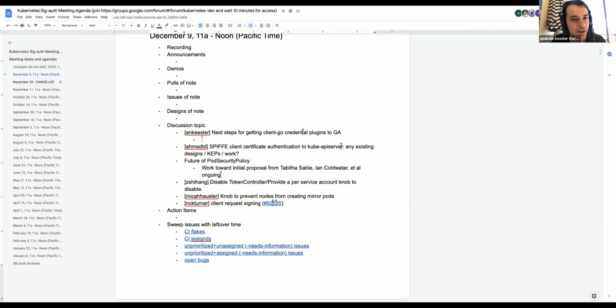My assumption, and someone can correct me if I'm wrong in the next minute or two, is that it's still valuable to the community to get this client-go credential plugin API to GA. Judging by the KEP, the next steps between here and GA are to write some end-to-end tests and write some docs.